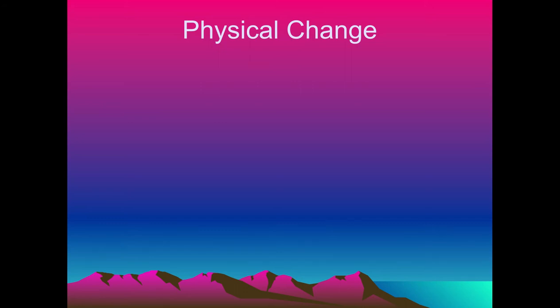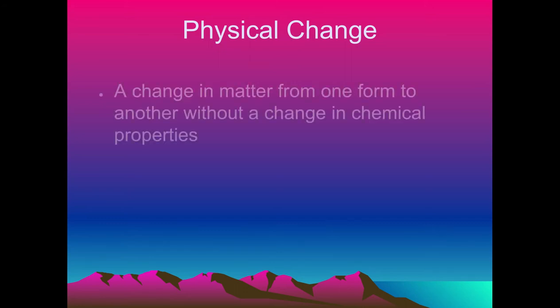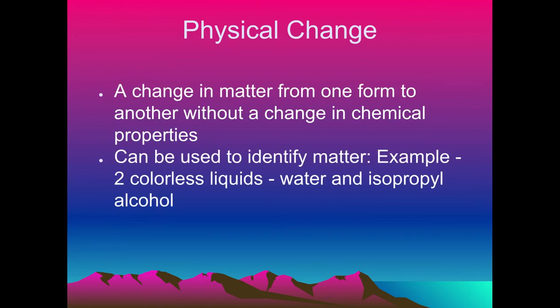So physical change. We use physical changes to help identify things. If I take two colorless liquids, here's a glass of water, here's a glass of isopropyl alcohol, which is fancy for rubbing alcohol. You would probably use a totally different property to figure out the difference between the two.